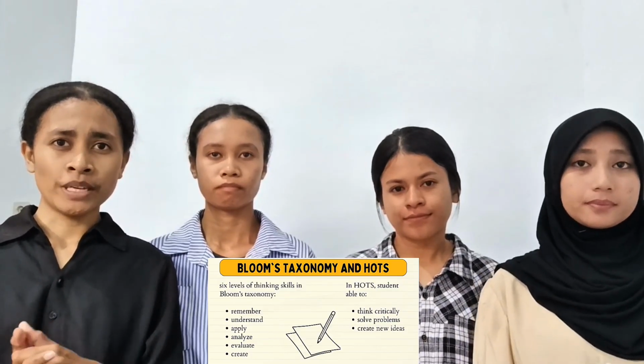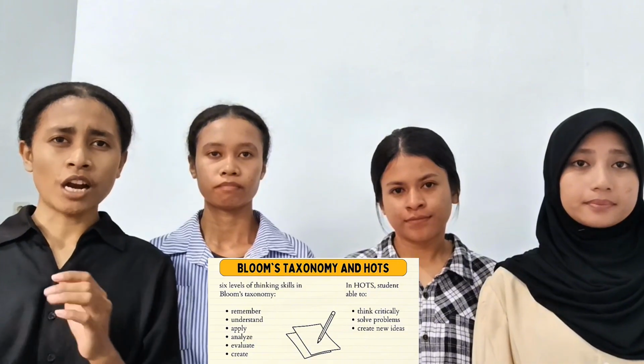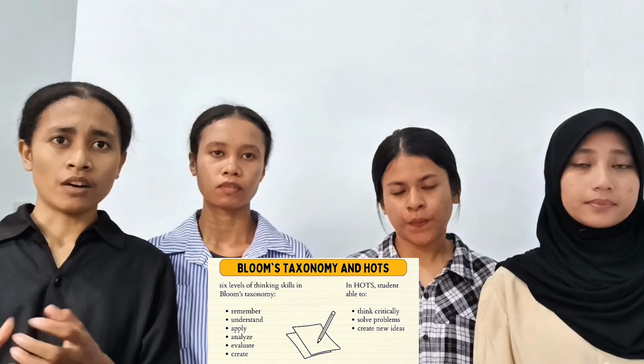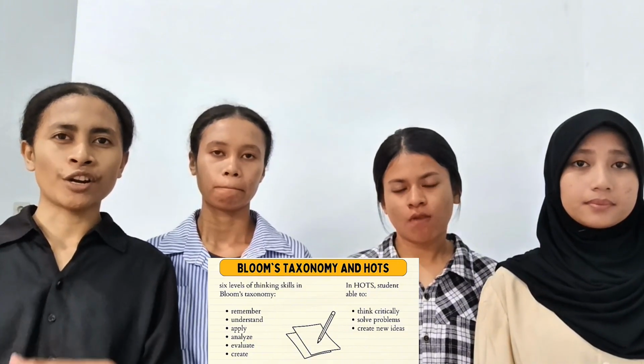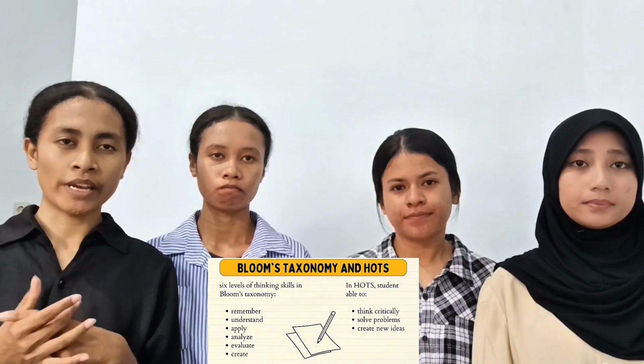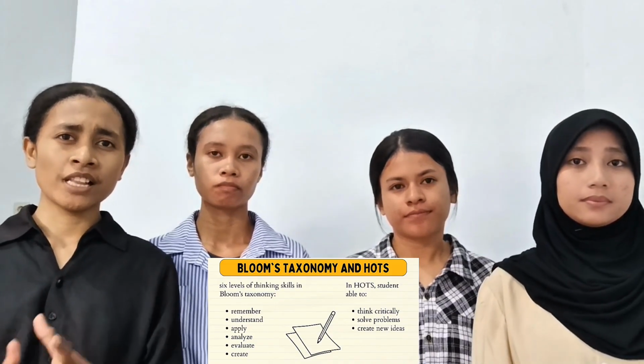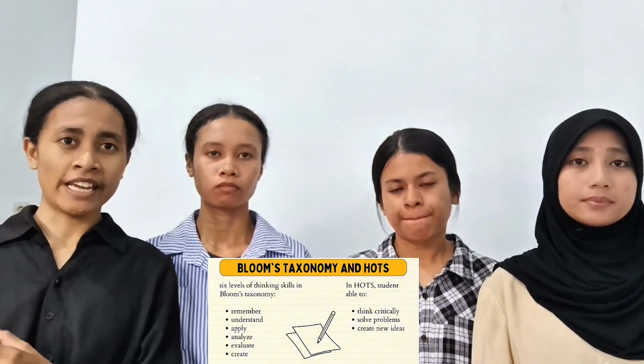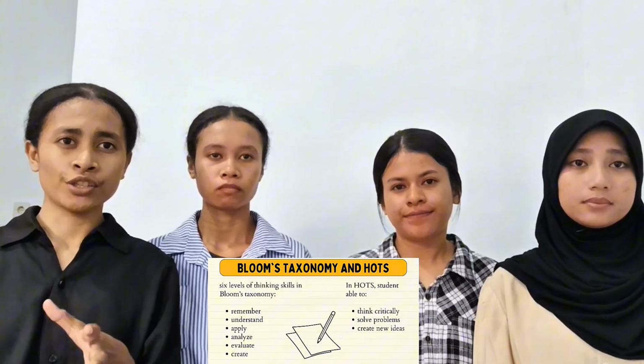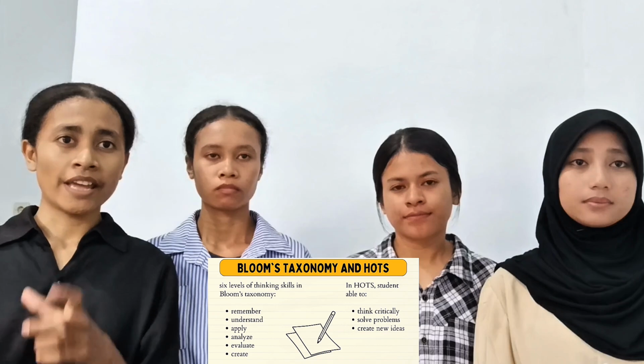In Bloom's taxonomy, there are 6 levels of thinking skills, which are remember, understand, apply, analyze, evaluate, and create. The last 3 levels, analyze, evaluate, and create, are known as HOTS, or higher order thinking skills.